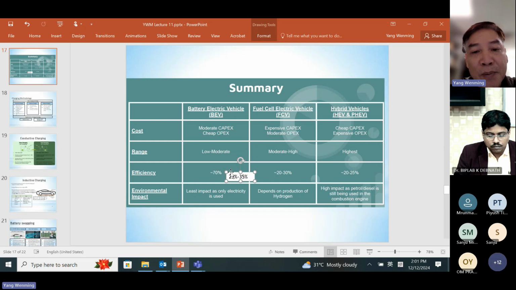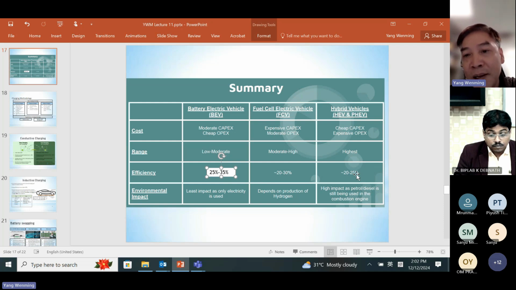If you produce from this kind of boiler system, then the efficiency will drop significantly. For example, the operating efficiency will become 25% to 35%. But if you compare this with a hybrid vehicle, this one is still higher.